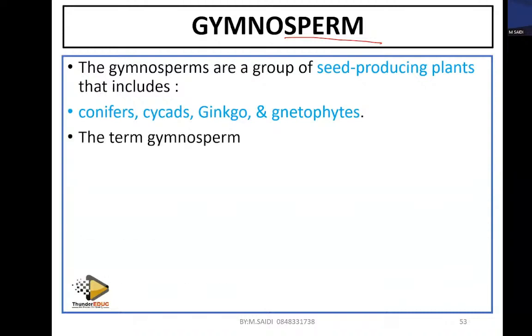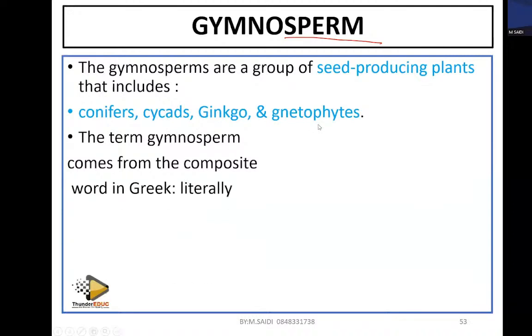Yes, all these are examples of gymnosperms. The word gymnosperm comes from a composite word in Greek, which literally means naked seeds.